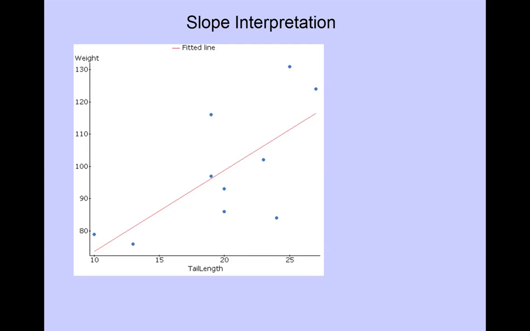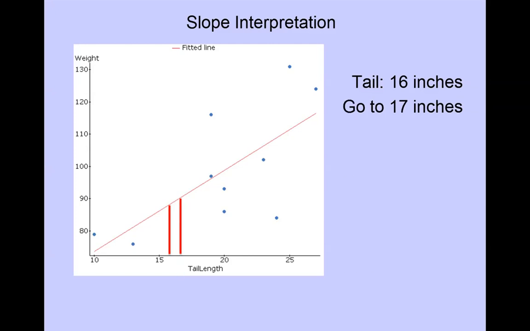Visually, what does the slope tell us? Let's go back and review what this would look like for a certain case. Suppose I start with a tail that is 16 inches. That would be just to the right of the 15 where this line is located in our graph. Now if I move up 1 inch to 17 inches, I've increased by 1 inch.